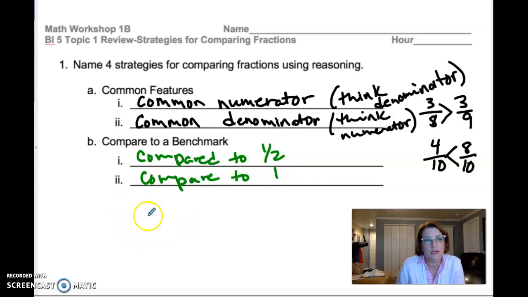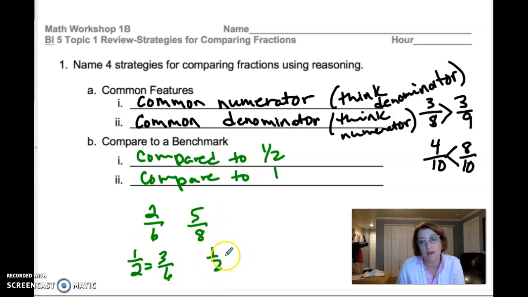So if I'm looking at 2/6 and 5/8, I don't have the common numerator, I don't have the common denominator, but what I do know is that half, when I'm talking about 6, is 3/6, and half, when I'm talking about 8, is 4/8. Since 5/8 is bigger than 4/8, then 5/8 must be greater than 2/6, or 2/6 is less than 5/8. And the last one was comparing to 1.